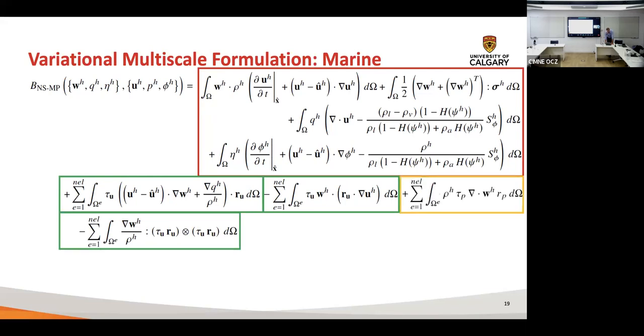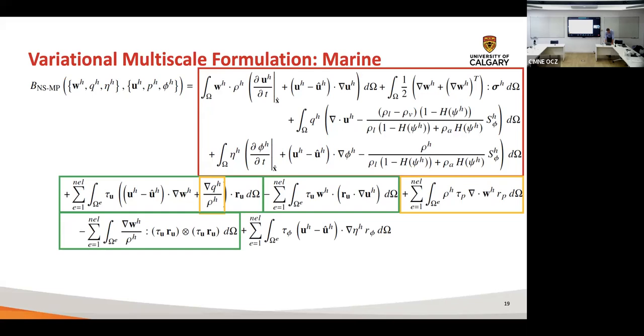Now you have an additional term for the small scale pressure, which is your least squares on the incompressibility constraint. And you have this term originating from the PSPG, which allows you to use equal order interpolation for the velocity and pressure, satisfying the Babuska-Brezzi condition. That's your continuity and momentum.